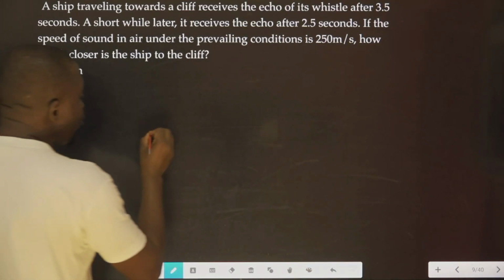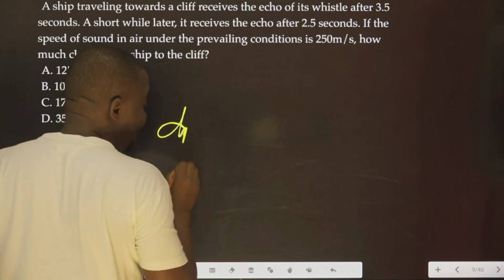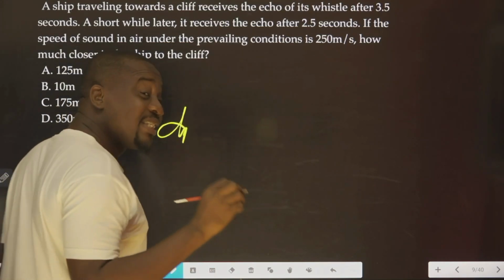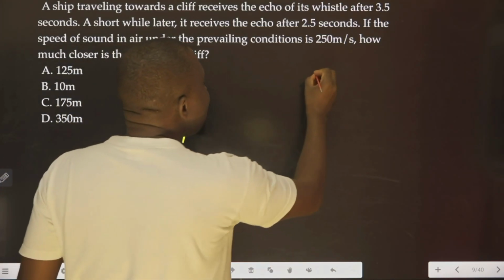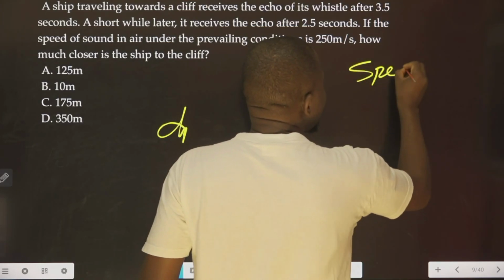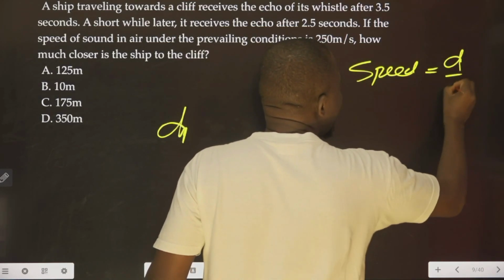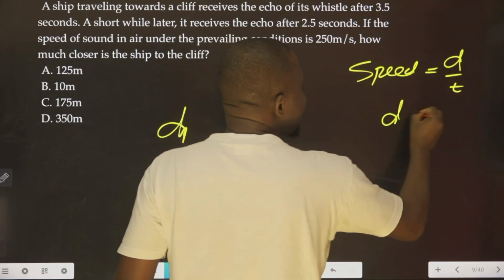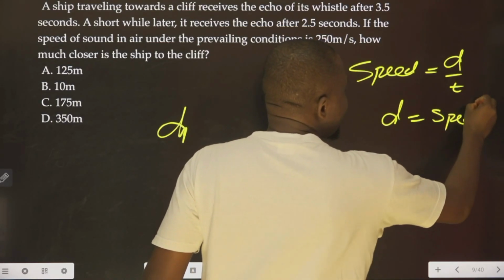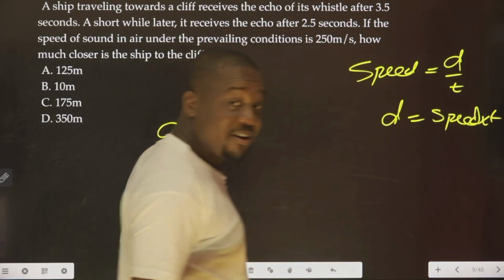The first thing we need to do, we do the first distance. What is distance? Remember speed is equal to distance over time. Okay? It means distance, therefore, is speed multiplied by time. You agree?